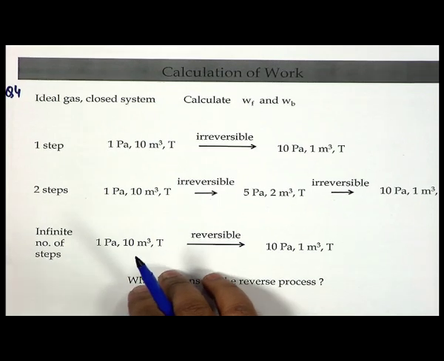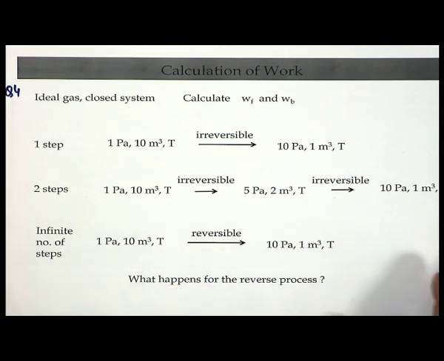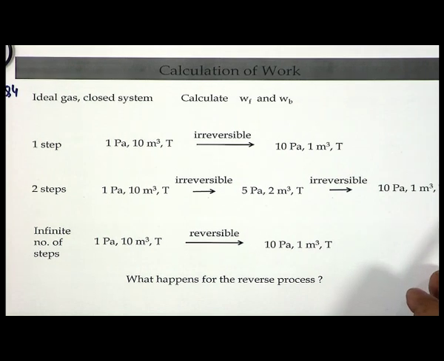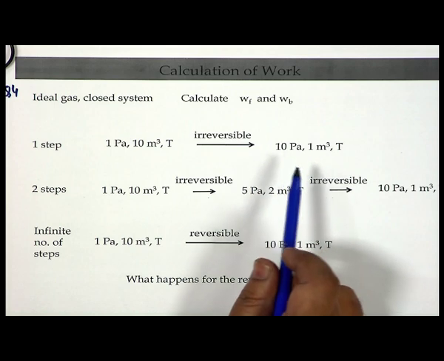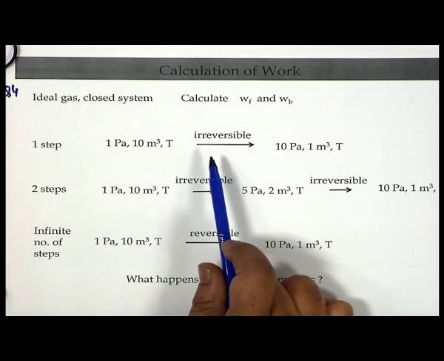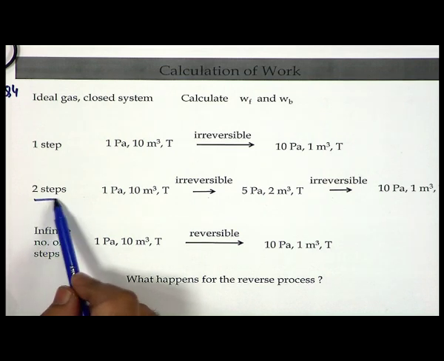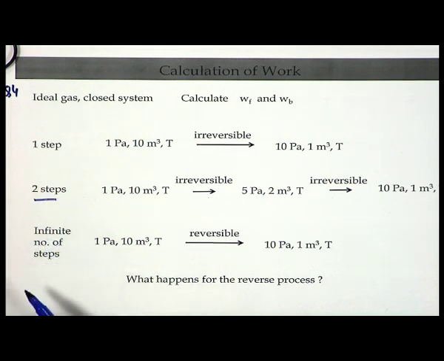Just as a part of homework, you can solve this problem where you do the same change in an irreversible way in one step, and then in two steps, and then in an infinite number of steps, which is basically a reversible process.